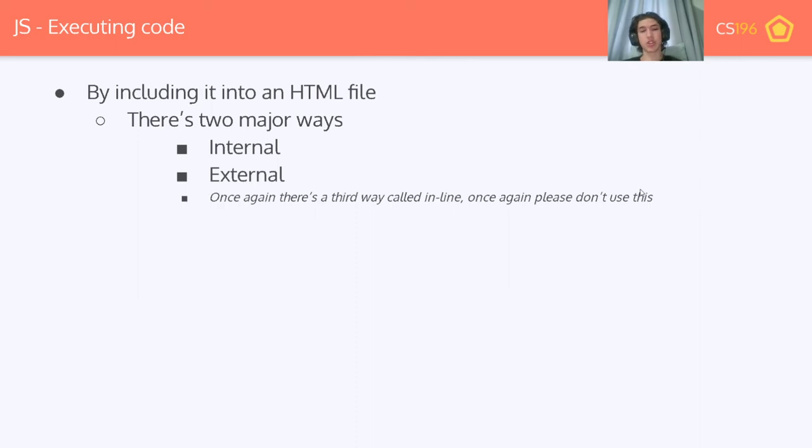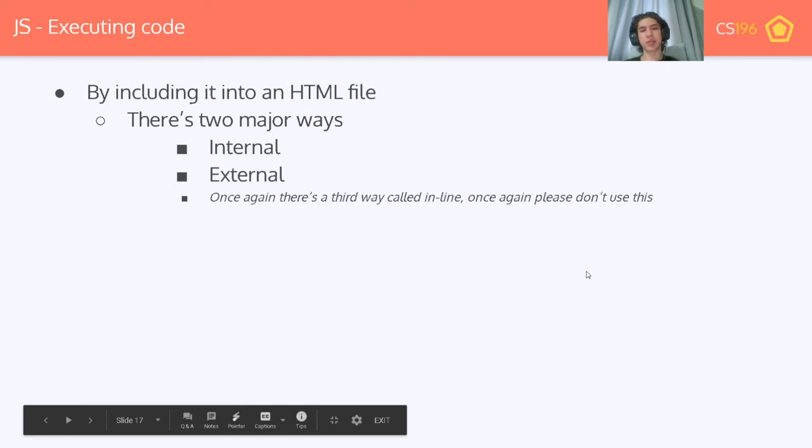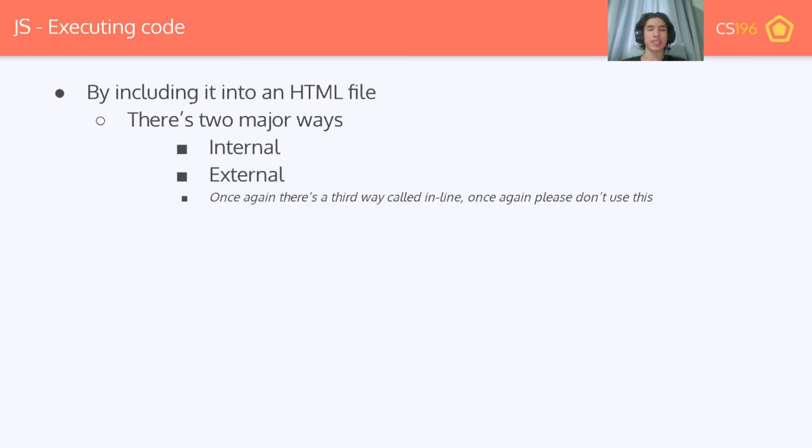And once again, there's the third way, technically called inline. Kind of the same deal as doing inline CSS. Please don't do it. There's a reason why. There's a pattern that you follow in web development of keeping the HTML to be what the page says, the CSS to be how the page looks, and the JavaScript to be what the page does.